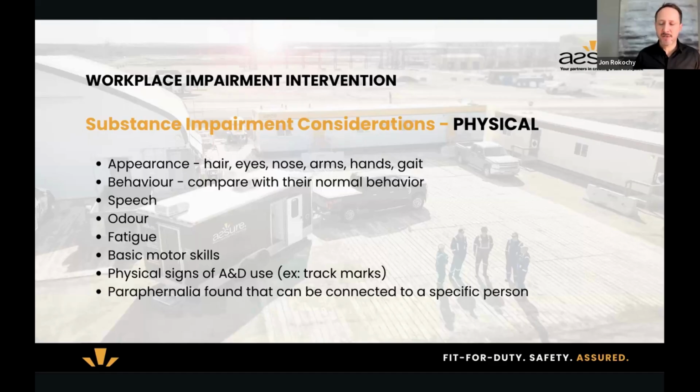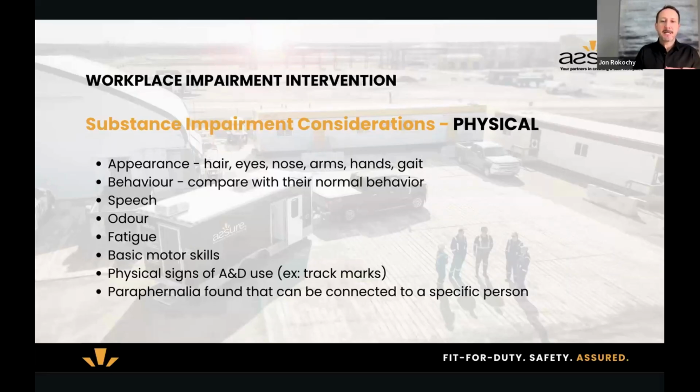Another question that we get, from situations that have happened at workplaces, is: we found a flask, we found a baggie with white powder in it, we found a bag with weed in it. Can we test the crew? Can we test the person? If you can pinpoint that paraphernalia to a specific person, say it was in their locker, in their truck, in their lunch bag, it fell out of their bag, where you can verify it came from that person, then yes, that in itself is grounds to request a reasonable cause drug and alcohol test.